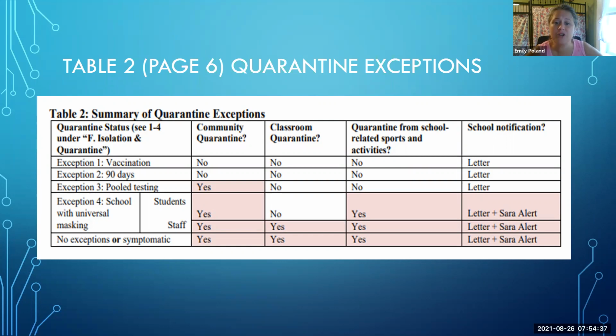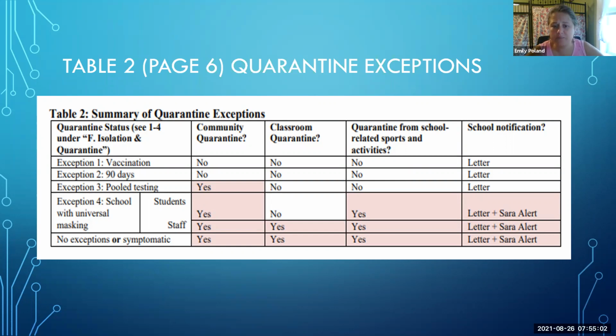So that exposure would fall under this exception, and you would be able to continue. And all of the people that are enrolled in pooled testing would be able to continue to go to school. Those that are not enrolled in pooled testing would have to quarantine for the full time. They would not be able to test out of that quarantine, and they cannot come to school.